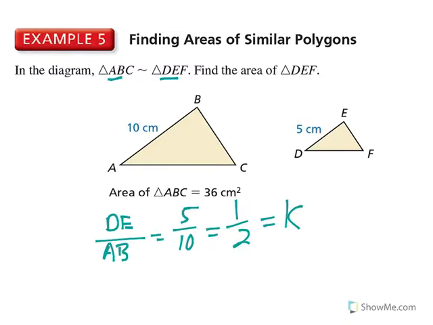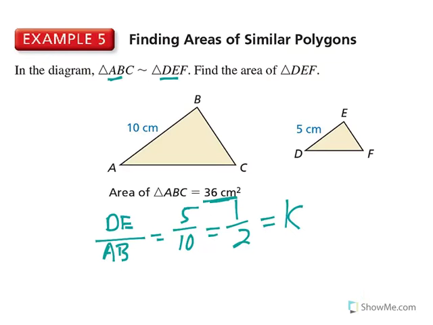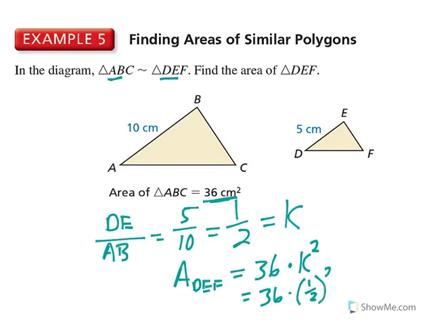Then we have the area of ABC. It tells us it's 36. If you go back to what I just said, we multiply area by K squared. So my area of DEF is going to equal 36 times my K squared. In this case, 1/2 was my K, so I'm going to do 36 times 1/2 squared.